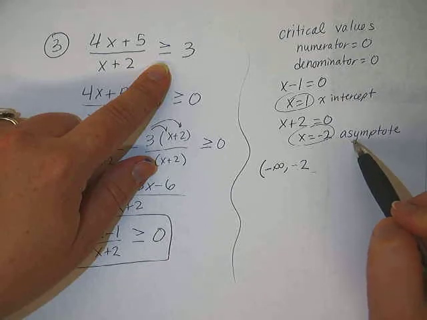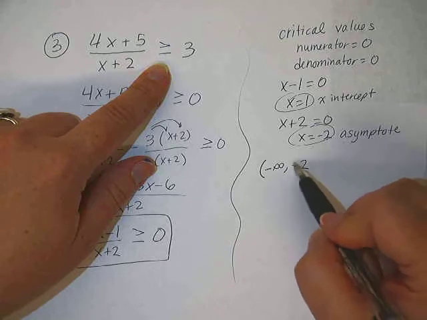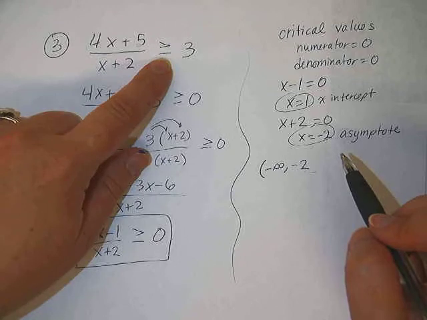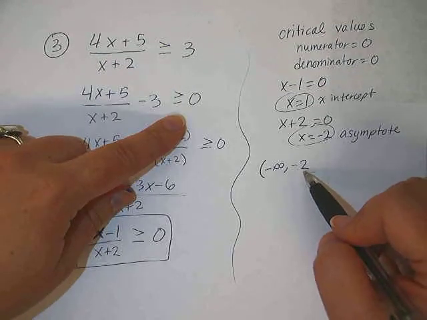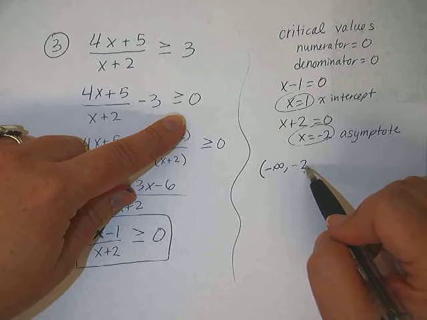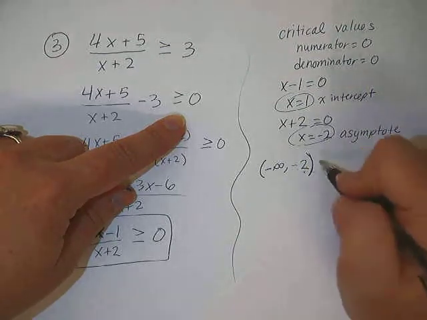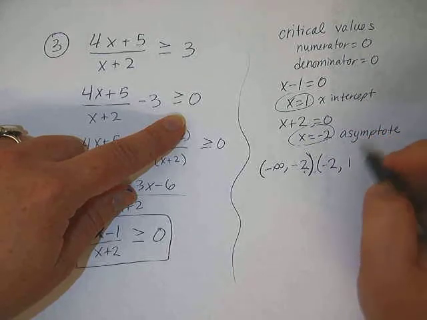Is that critical value an x-intercept, or is that critical value an asymptote? Well, negative 2 is an asymptote. Therefore, the graph does not exist at negative 2. Even though this is greater than or equal to, the graph does not exist at negative 2 because that's an asymptote. So we do not put a square bracket, we put a parenthesis.